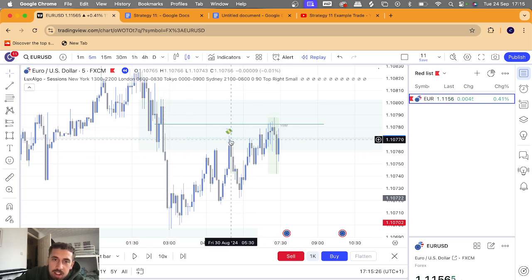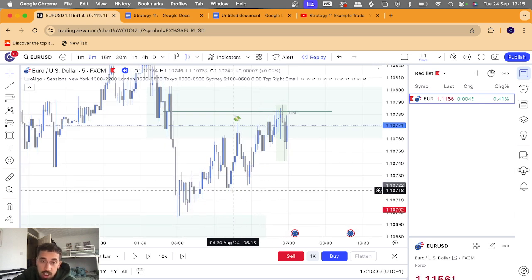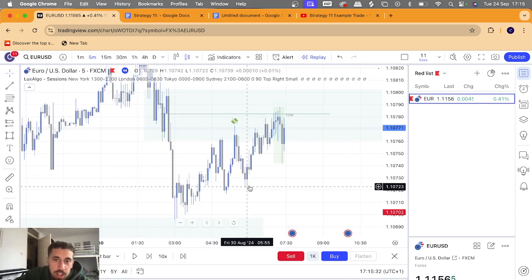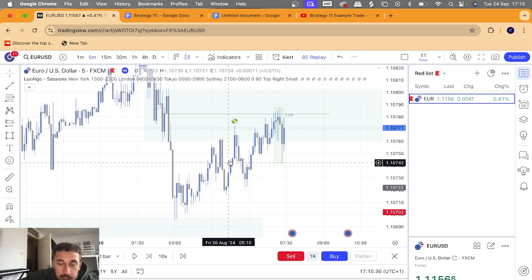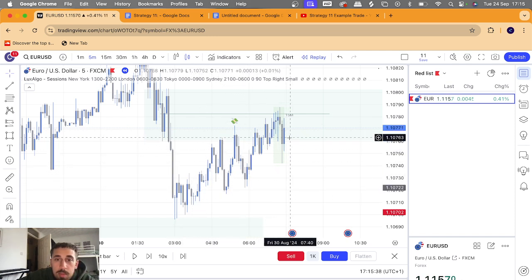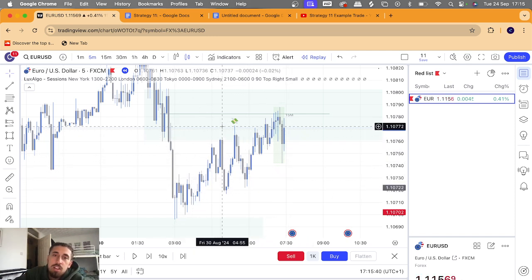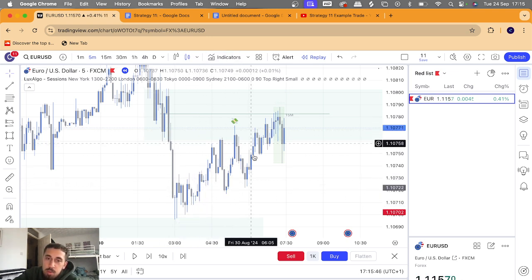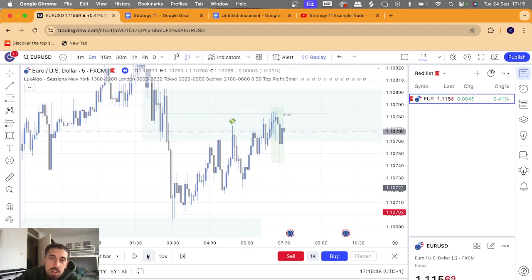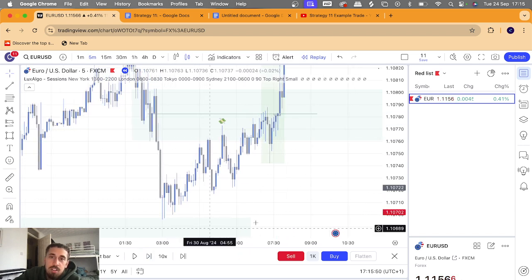There's just that inducement, and that actually hadn't broken any structure. The other thing that made me not want to get in here was because this was just respecting bullish all the way up. It wasn't choppy, there was no pullback, it was smooth all the way up. So that was the reason I never got in that.